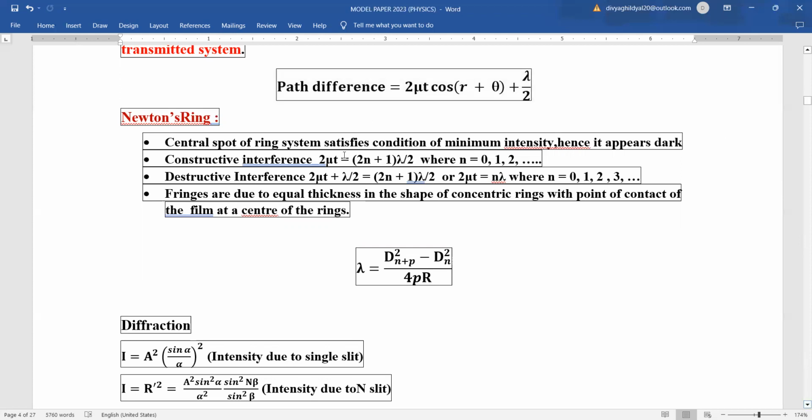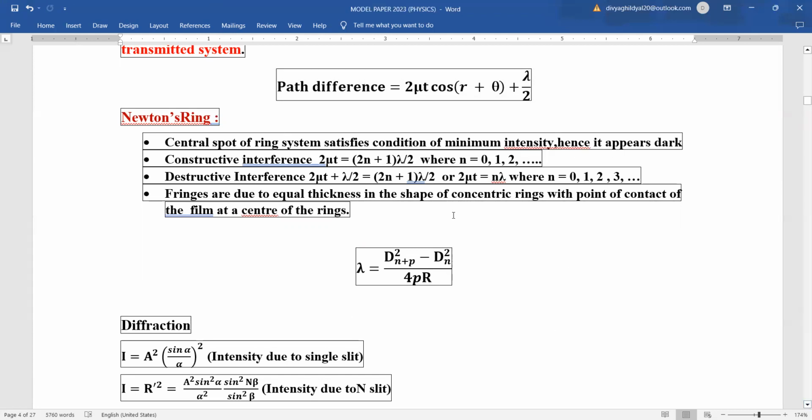Constructive interference: 2 mu t equal to (2n plus 1) into lambda by 2, where n is 0, 1, 2, etc. Destructive interference: 2 mu t plus lambda by 2 equal to (2n plus 1) into lambda by 2, or 2 mu t is n lambda.